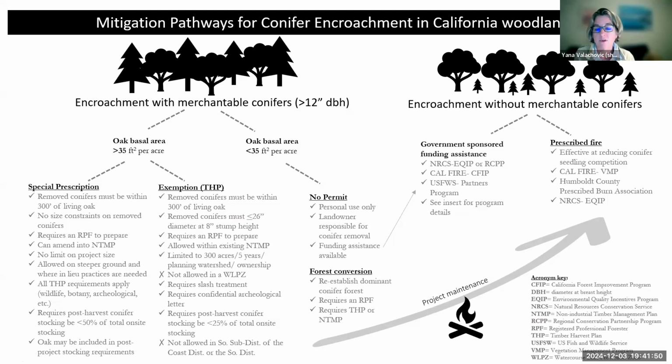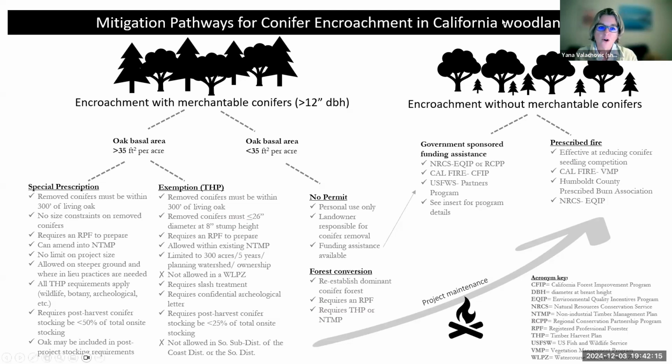That might help pay some of the restoration costs. Typically a merchantable conifer is greater than 12 inches diameter at breast height, which is 4.5 feet. So it's a tree you can still put your arms around. If you have trees of that size, and you have living oaks occupying that site at 35 square feet, then there are two options.